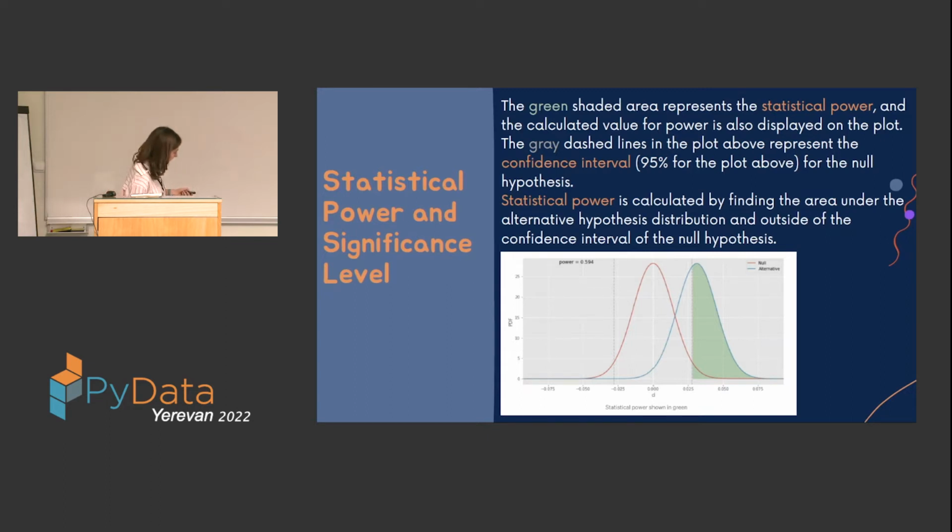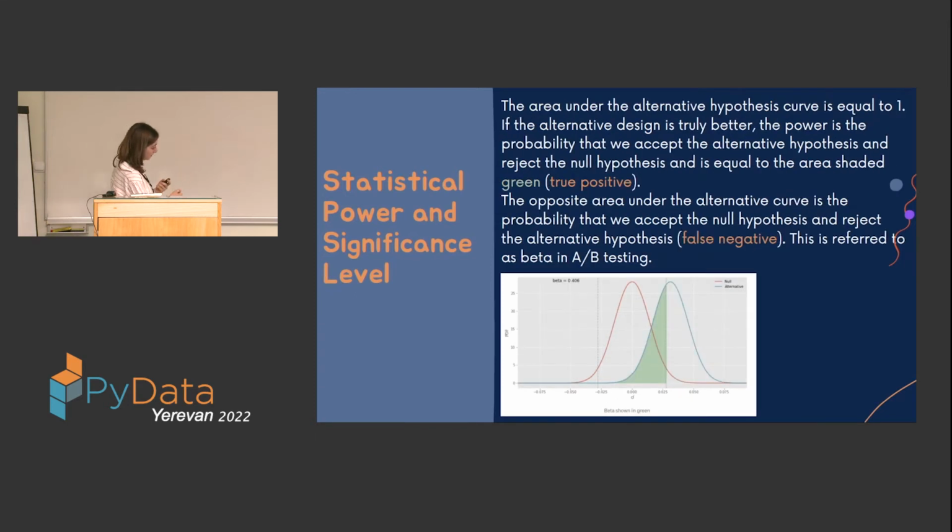So it's this line you see, and there is one from here. The statistical power is the area that lies beyond the 95% and covers the alternative hypothesis, this green one. And the gray dashed lines, as I said, are the confidence interval for 95% for the null hypothesis. Statistical power is calculated by finding the area under the alternative hypothesis distribution and outside the confidence interval.